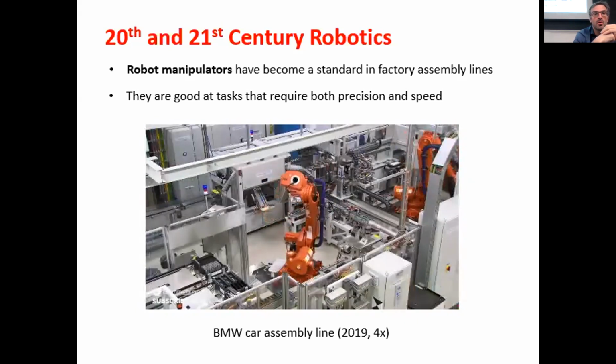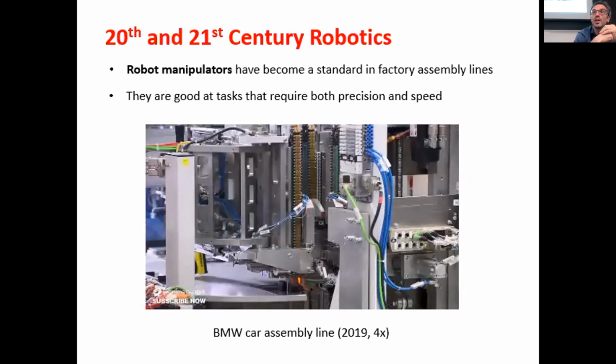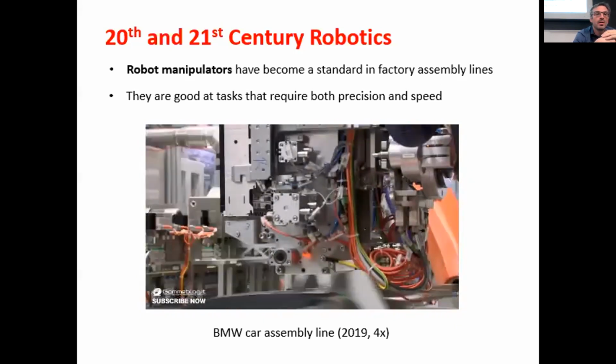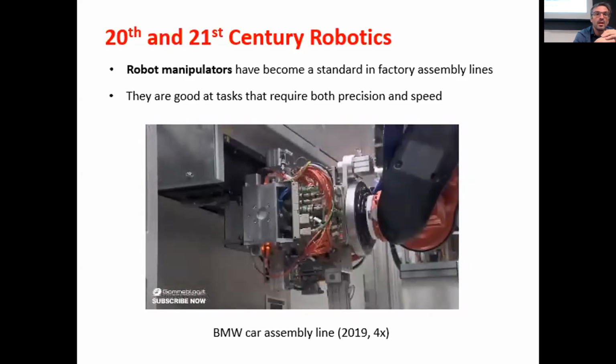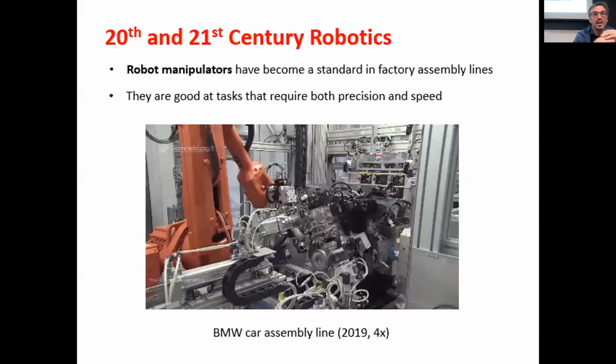From the chassis to the motor, the car is completely assembled in an automatic way. And this enabled us to increase the productivity a lot along the years, and also the precision and the reliability.